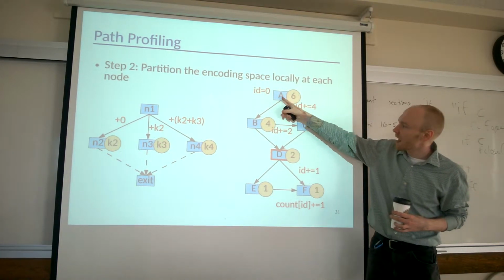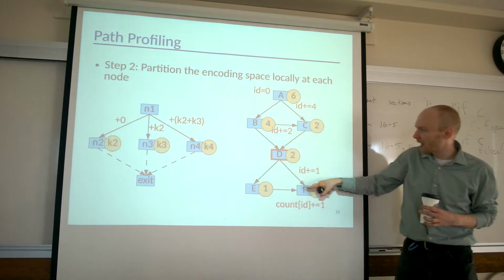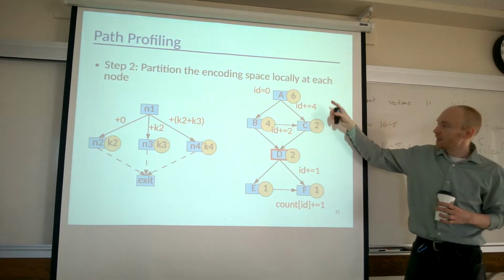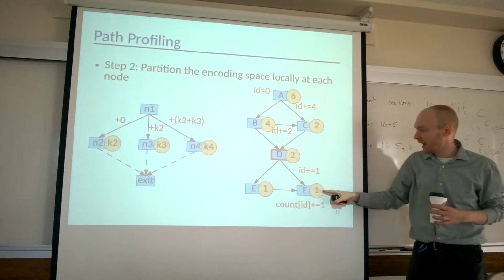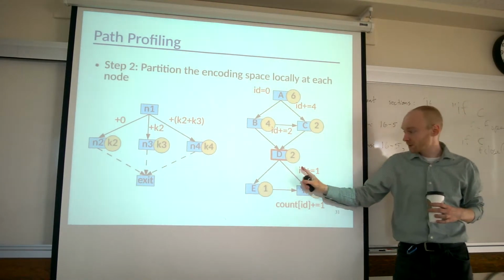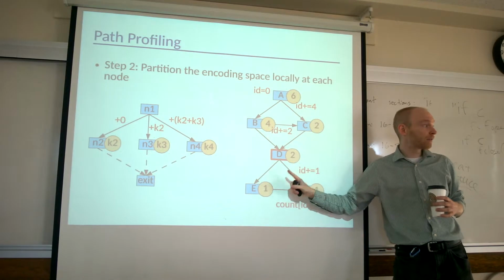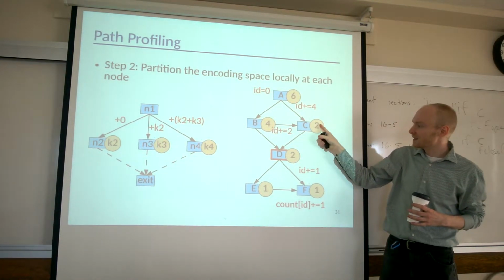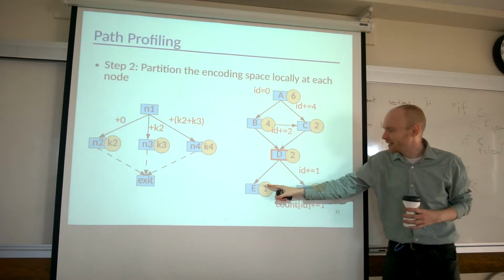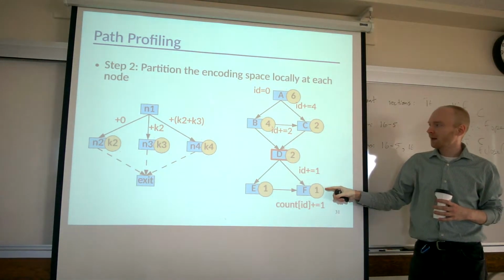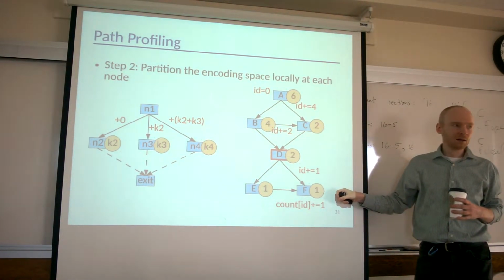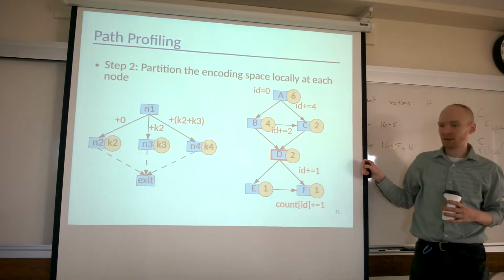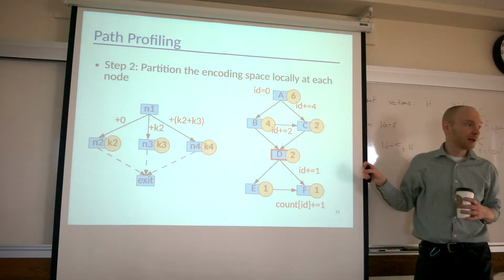If we take A, B, D, E, F, we get 0, right? If we take A, B, D, F, then we get 1. So the distinction here works. We refined things that way. If we take A, B, C, D, E, F, what do we get? 2, right?